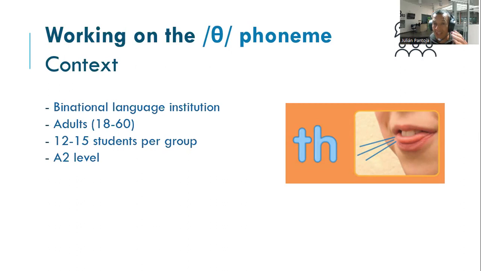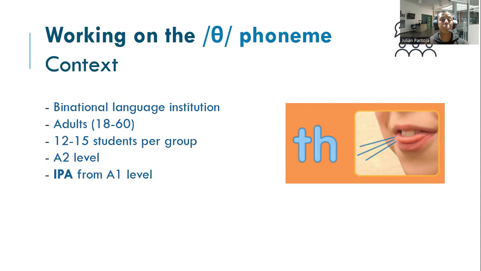This class is directed to an A2 level course, in which they are learning basic contents like dates, gerunds, infinitives, and so on. So they may benefit from this activity a lot.